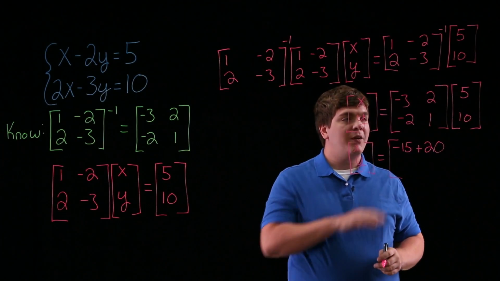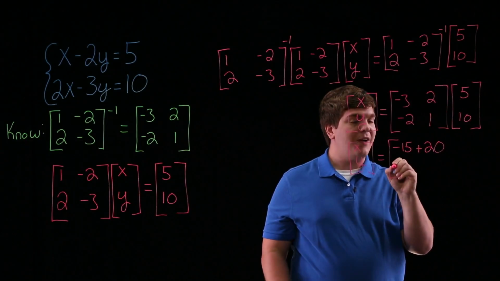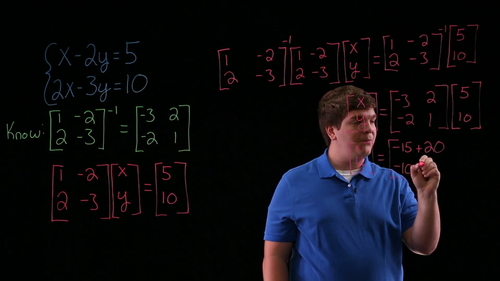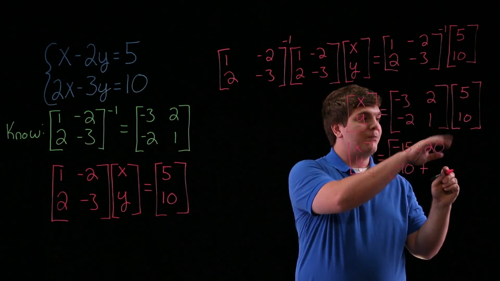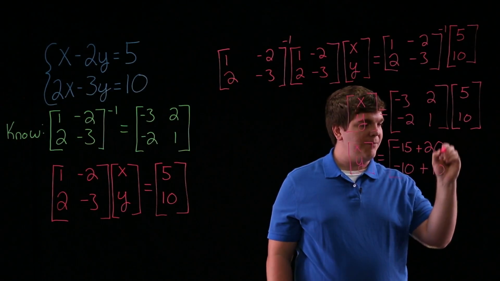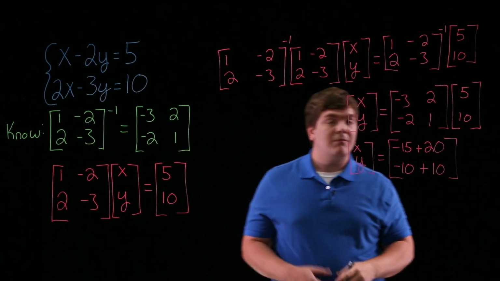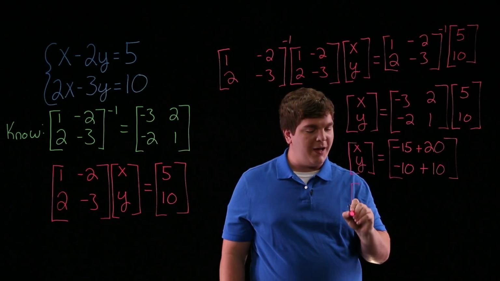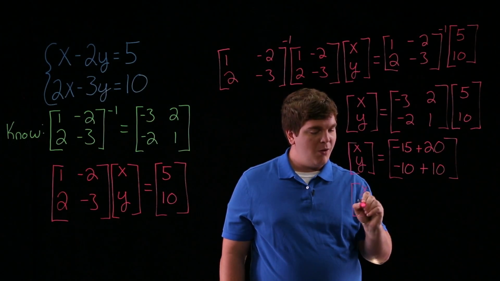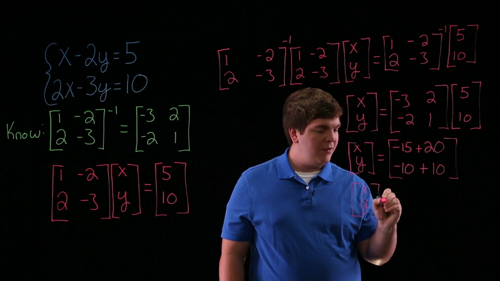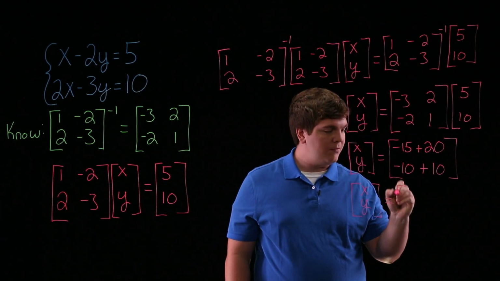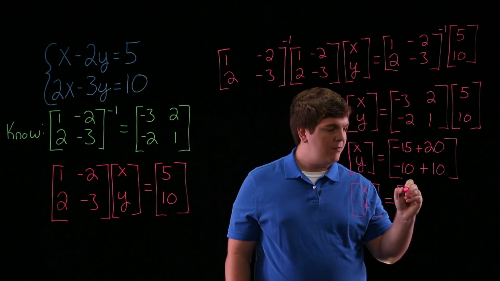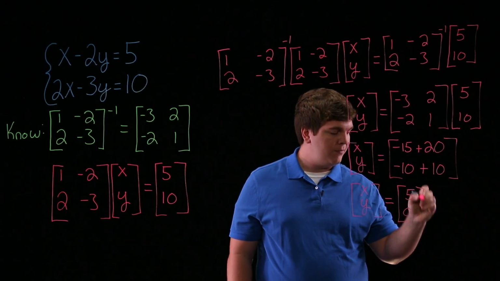And in the second row, we have -2 times 5 is -10, plus 1 times 10 is 10. Now simplifying, we see that the matrix x, y is equal to 5, 0.